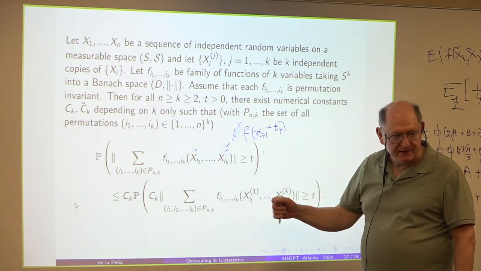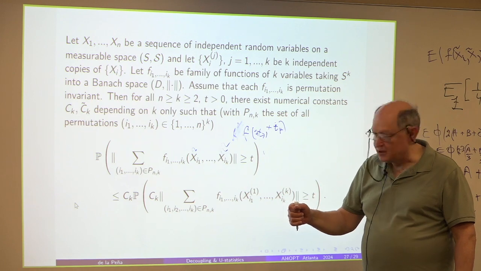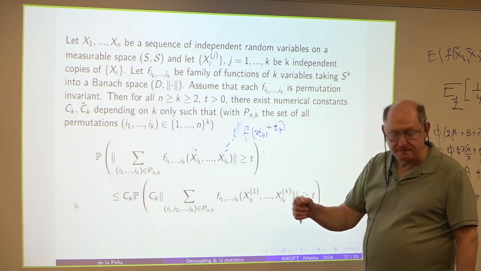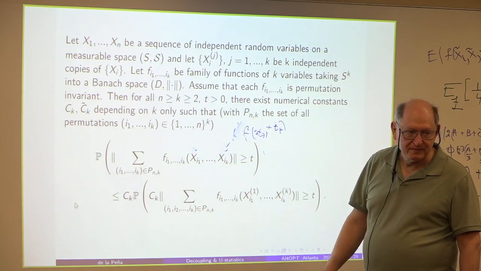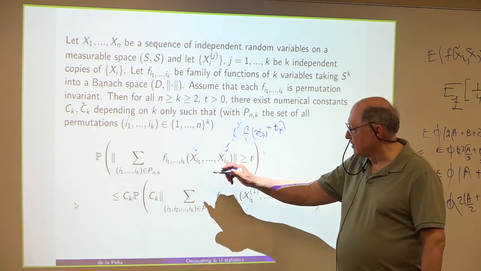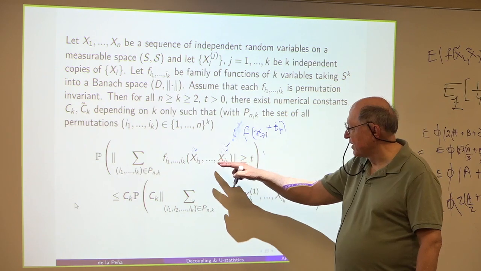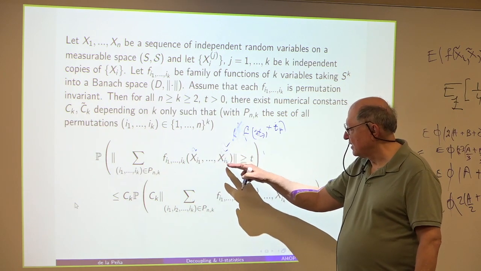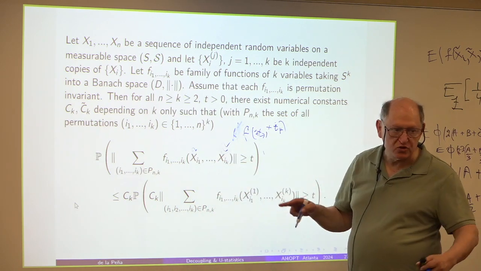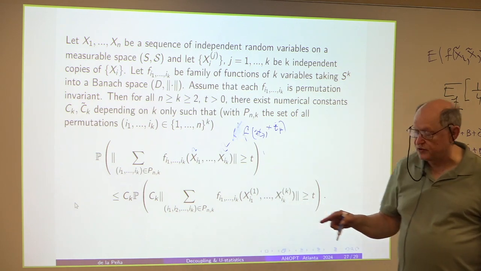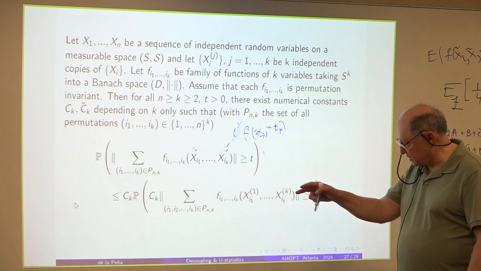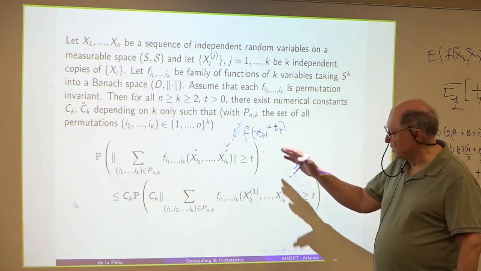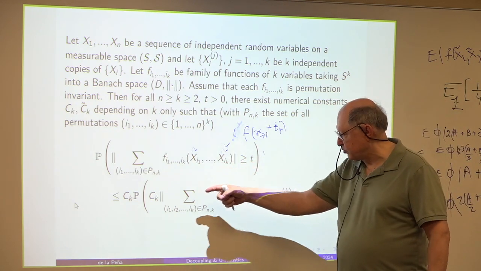Then I do the same thing: I permute because of the symmetry, and then I put x triple tilde. So you see here I have xi tilde, xi, and then xi double tilde. It depends on the order of the U statistic that you're trying to treat. And so that's why, by induction, using the symmetry, you can end up with this.